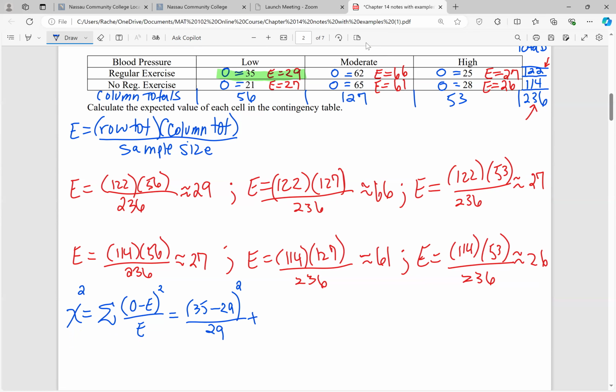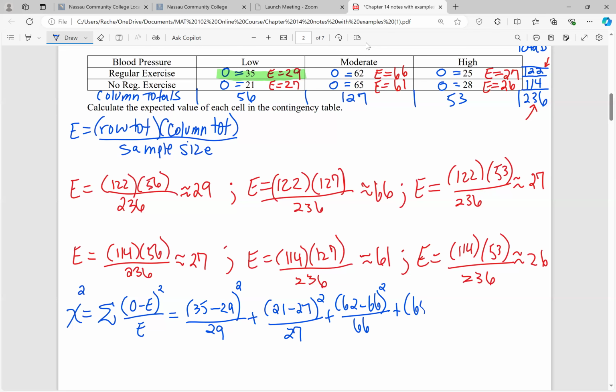So for the cell underneath it, for low and no regular exercise, we're going to take the observed, which is 21, minus the expected, which is 27. We're going to square it and divide by the expected, which is 27. So let's keep going. Then we're going to take 62 minus 66 squared divided by 66.